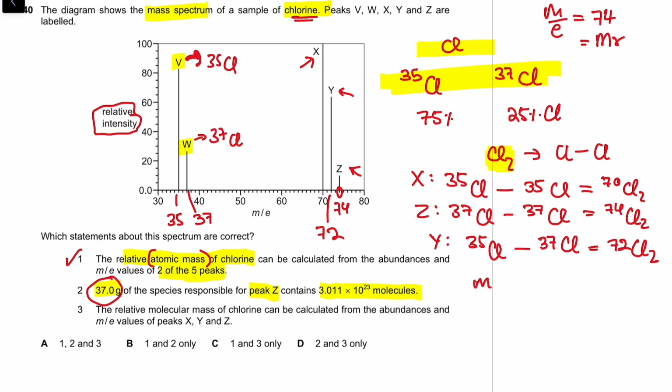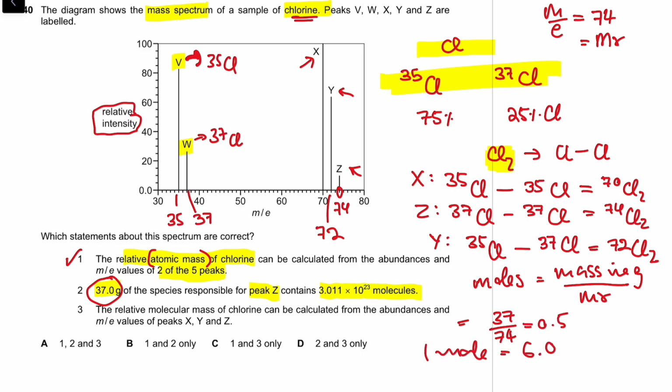So the number of moles equals the mass in grams over Mr, which equals 37 divided by 74, which equals 0.5. In 1 mole, you will have 6.022 times 10 to the power 23 molecules. So in 0.5 moles, you will have 3.011 times 10 to the power 23 molecules. Therefore, this statement is also true.